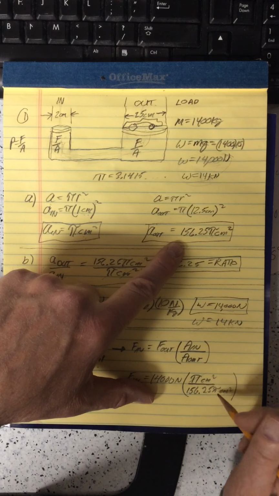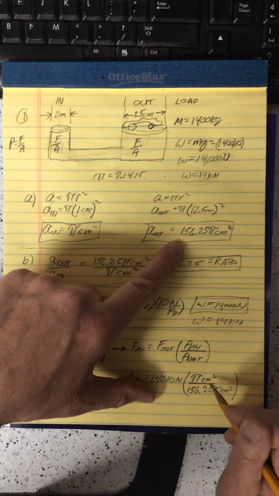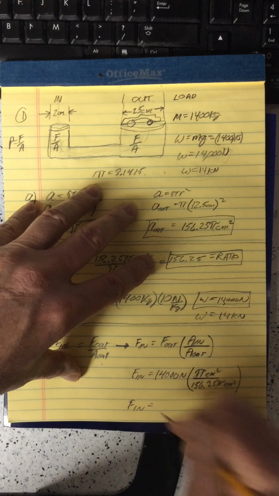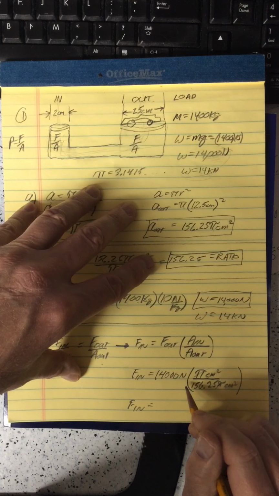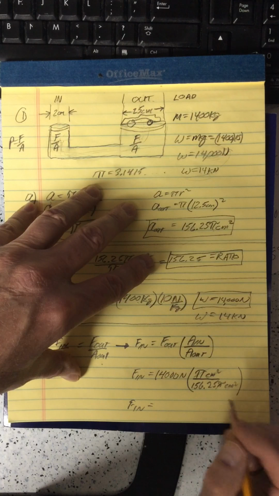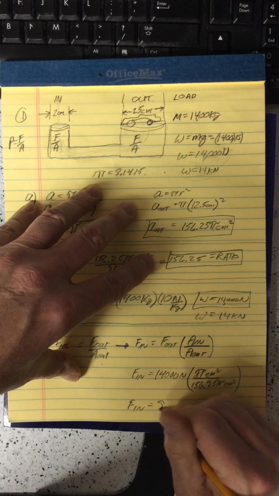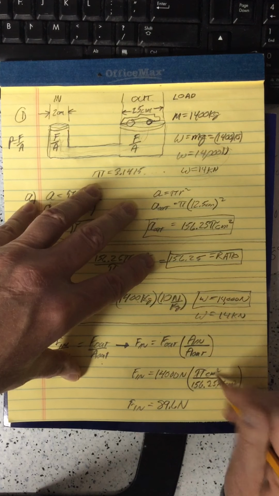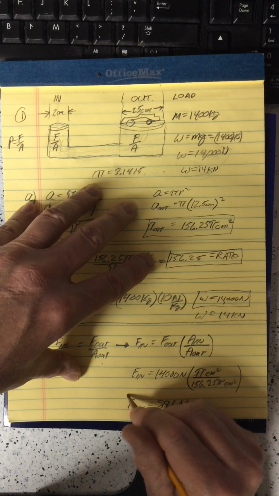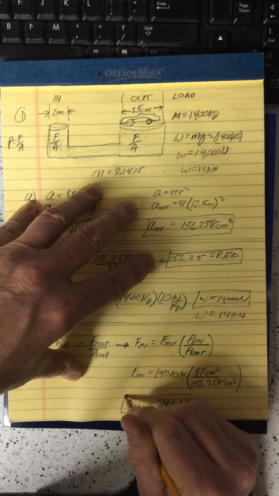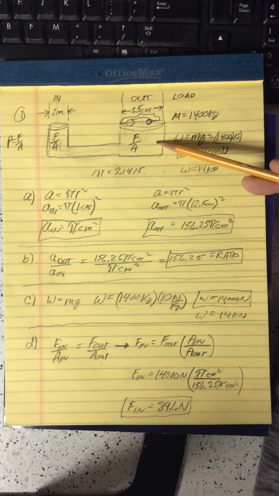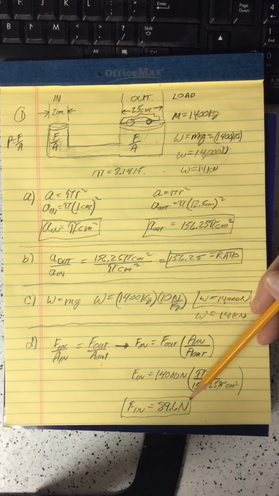The pi's cancel and the centimeters squared cancel, so we get 14,000 over 156.25, which is 89.6 newtons. So to lift this 14,000 newton car, we only have to apply 89.6 newtons.